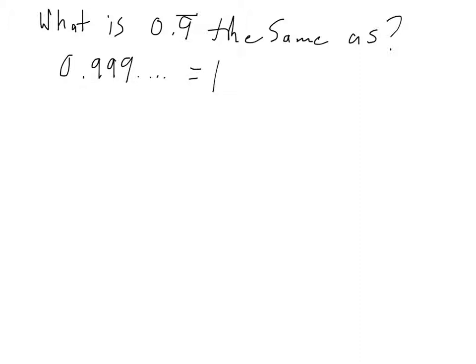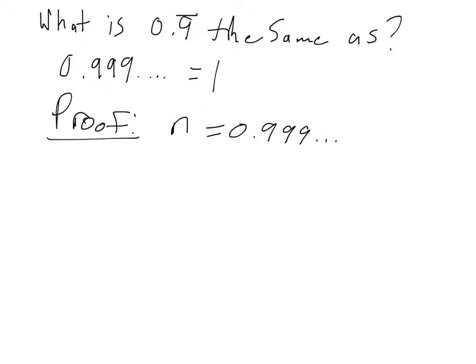Can we prove that? There actually is a pretty quick algebraic proof, which I'll review really quickly. Some of you have probably seen this already. We start off with n equals 0.999... Then we multiply both sides by 10.